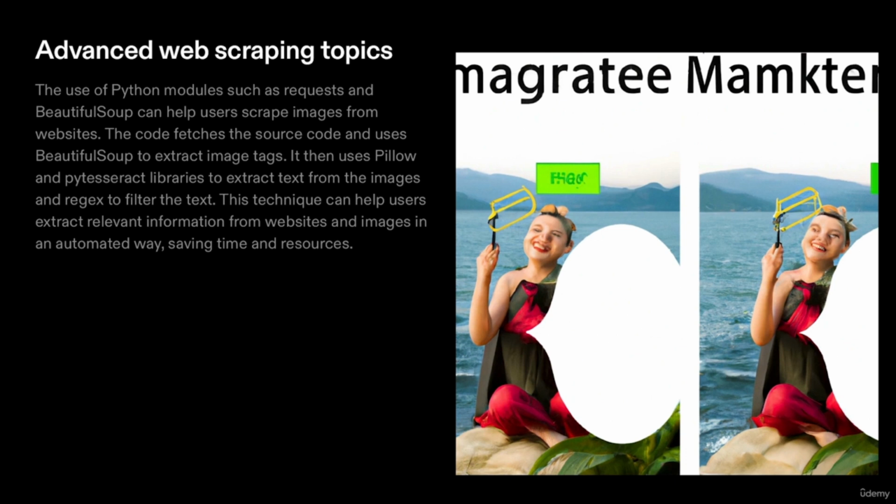So this is essentially for removing watermarks from a website, like websites that provide stock photos essentially. So enjoy this tutorial, and I hope you learn as much as you can.